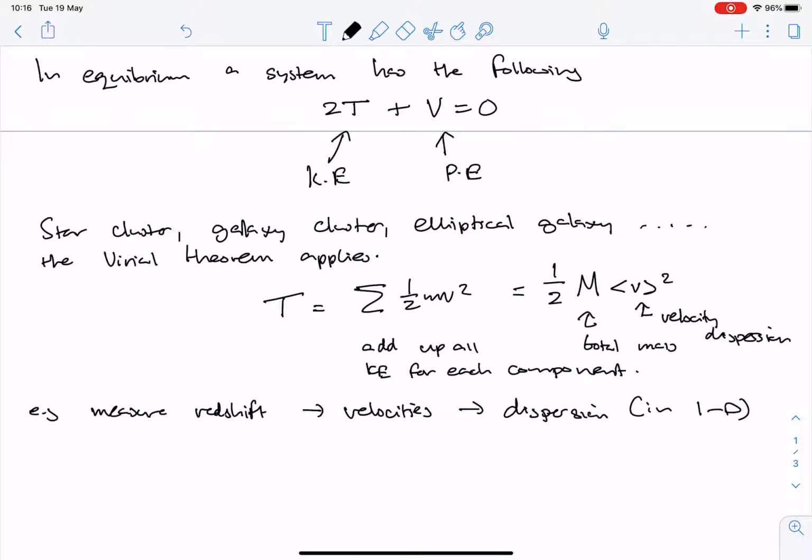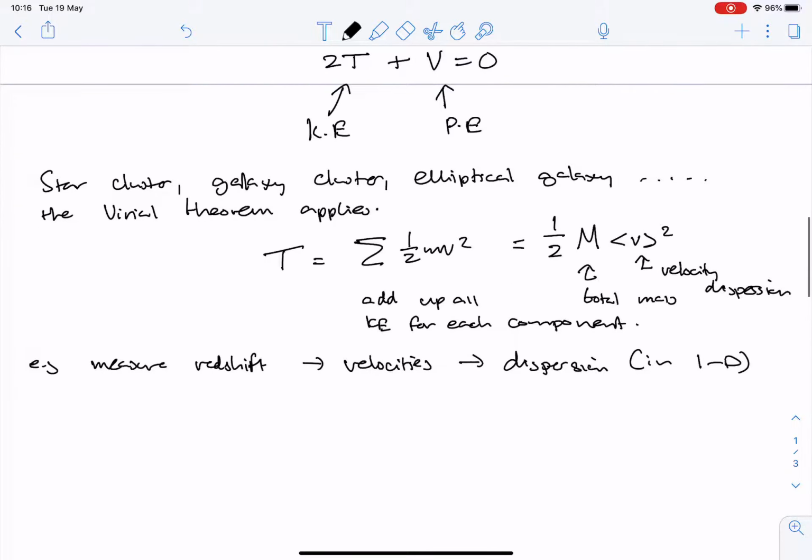And so I can measure a velocity dispersion and therefore get the full kinetic energy of the system from some observable. So the kinetic energy is something I can get, or I can determine. So that's quite important.